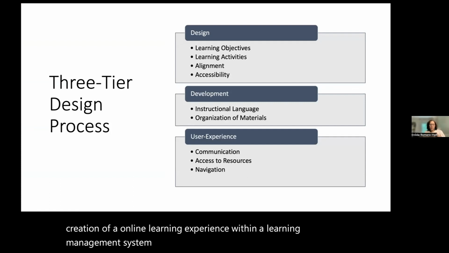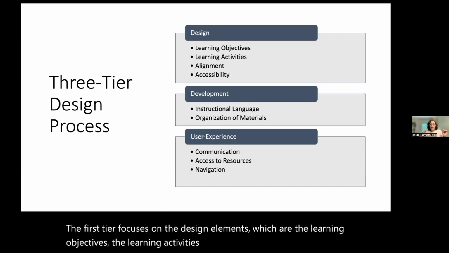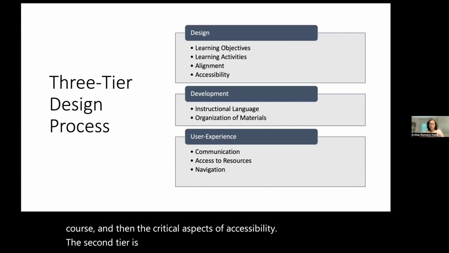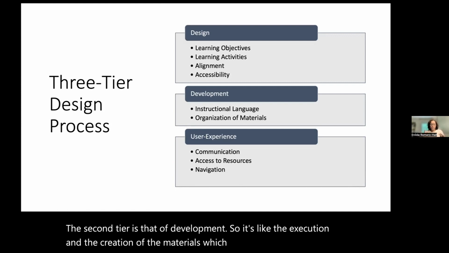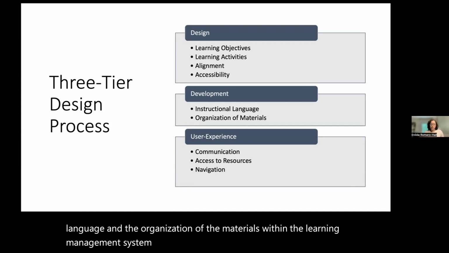The first tier focuses on the design elements, which are the learning objectives, the learning activities, the idea of alignment in an online course, and then the critical aspects of accessibility. The second tier is that of development. So it's like the execution and the creation of the materials, which focuses on the instructional language and the organization of the materials within the learning management system. And I will be sharing various examples of this for my own personal practice.